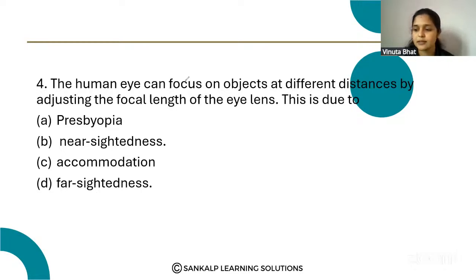Please note down the answer. The correct answer is accommodation. The human eye can focus on objects at different distances by adjusting the focal length of the eye lens. This is due to accommodation. Option C is the correct answer.